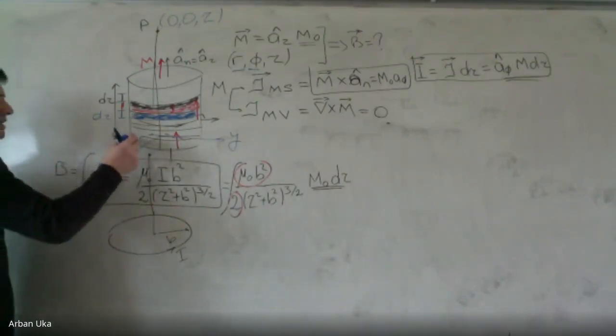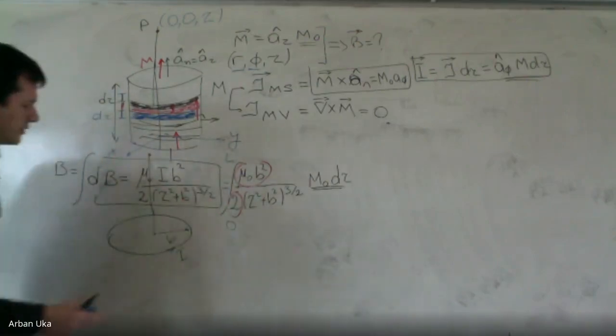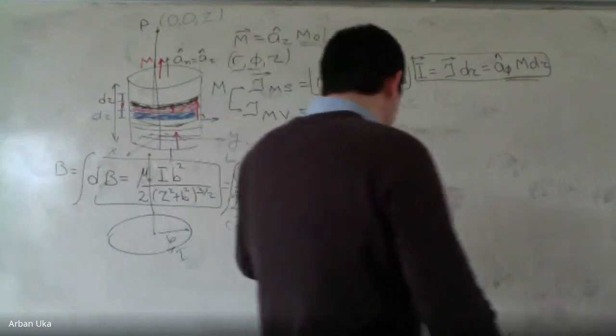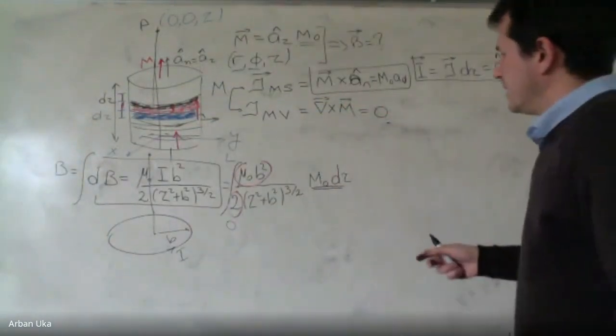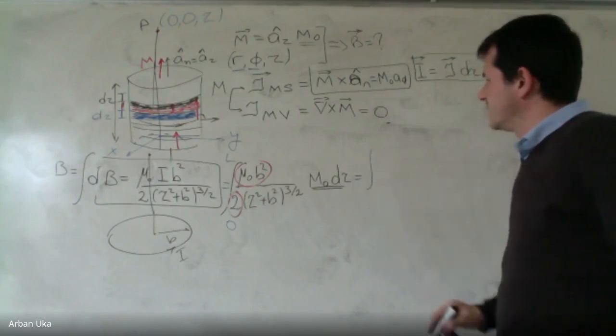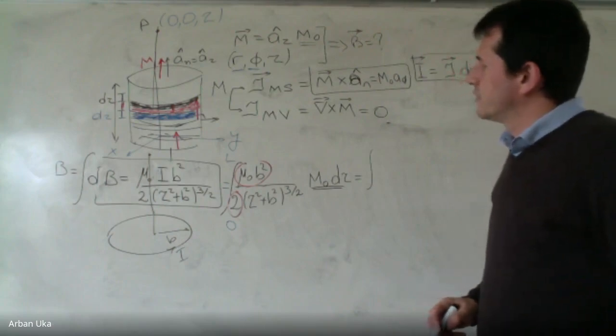We need to integrate from Z0 to ZL. So these will be the limits of the integral. If we integrate these quantities, we need just to figure out a couple of terms. So here we have M0 dz, but in this expression, we can still modify a little something very important, which is the following.